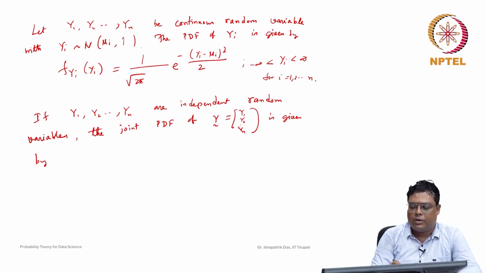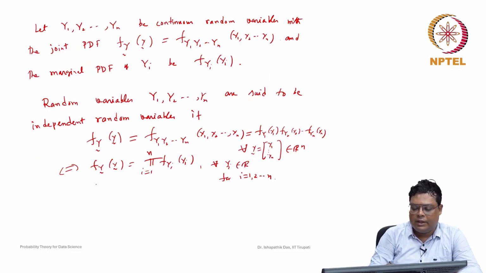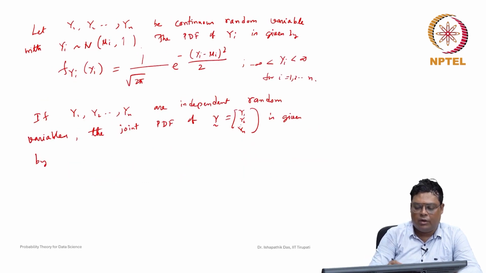How? Because we know that if they are independent random variables, then by definition the joint probability density function can be represented as the product of their marginals. So the advantage here is that we can find the joint probability density function.